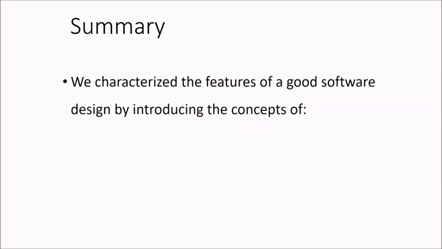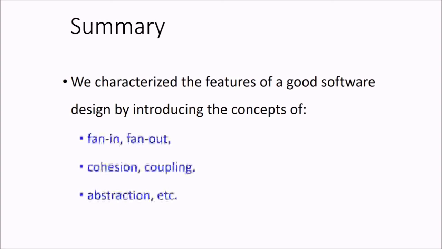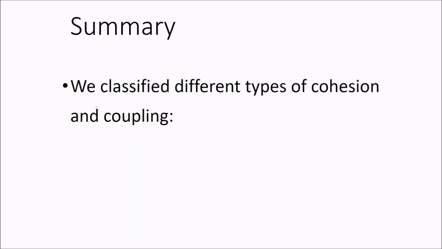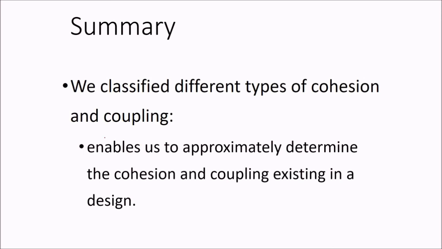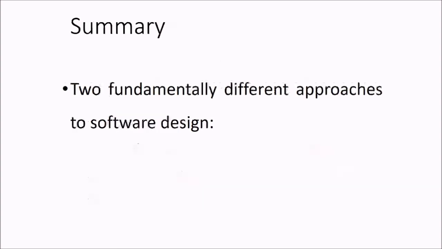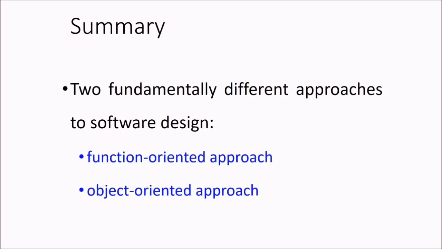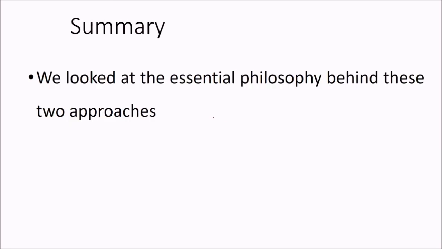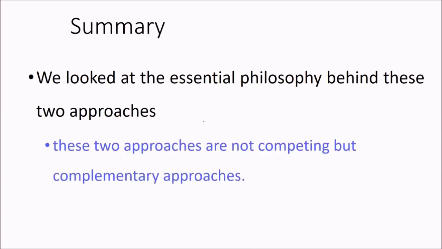We characterized the features of good software by introducing the concepts of fan-in, fan-out, cohesion, coupling, abstraction, etc. We classified different types of cohesion and coupling, and that enables us to approximately, not in a quantifiable manner, determine the cohesion and coupling existing in a design. And there are two different approaches to software design: the function-oriented approach and the object-oriented approach. We saw the essential philosophy of these two approaches, and they are not competing but actually complementary to each other.